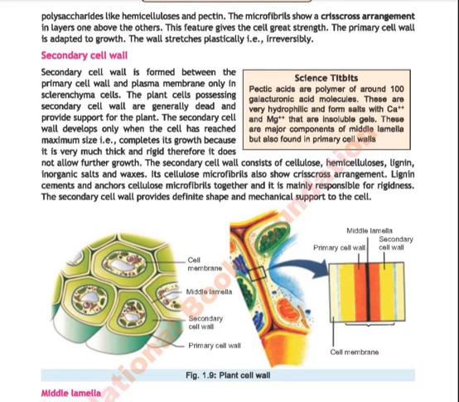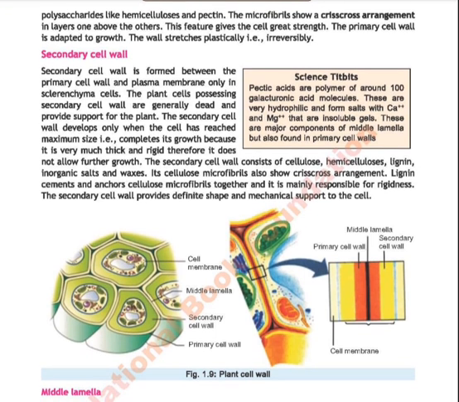The microfibrils show a crisscross arrangement in layers one above the other. This feature gives the cell great strength. The primary cell wall is adapted to growth. The wall stretches plastically.